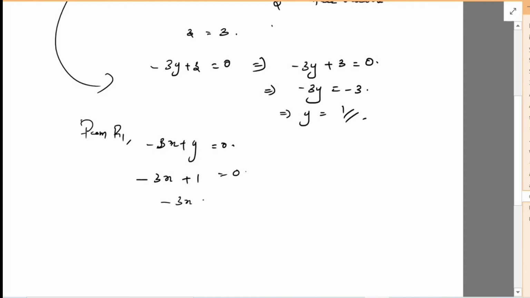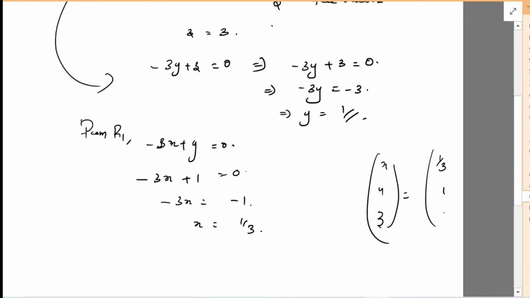So minus 3x equal to minus 1, x equal to 1 by 3. Here also we got a fraction. So actually the vector we are getting is x, y, z equal to x equal to 1 by 3, y equal to 1 and z equal to 3.